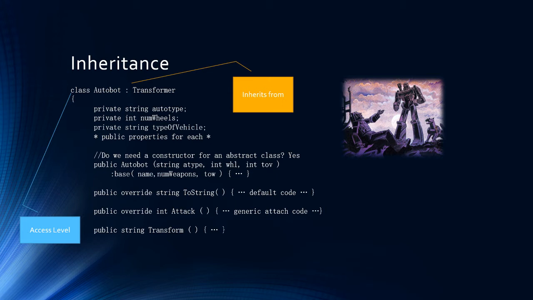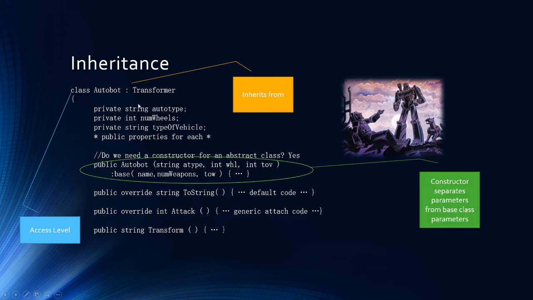In our Autobot class, then, we would need our constructor, and our constructor would specify, first of all, parameters that are new data types to this Autobot class. So our Autobot, we need the type of auto, number of wheels, and the type of vehicle.